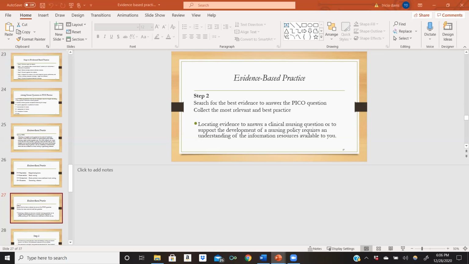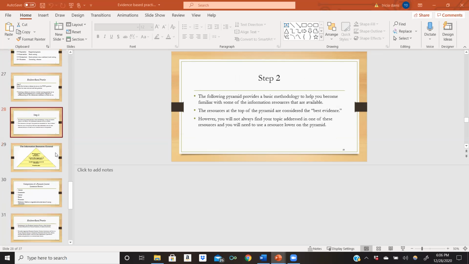You're going to learn more about different websites and databases that you can go to for this evidence-based information. You can get it from patient information. You can get it from your own practice, like we said a couple slides back.